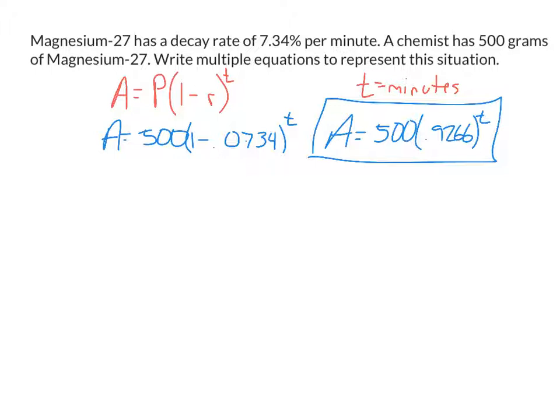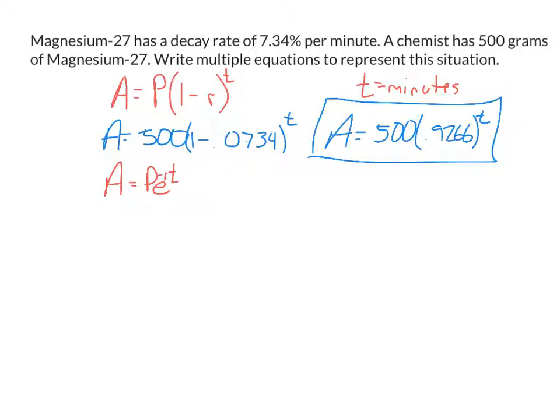We also learned a few weeks ago about our PERT formula. We've usually used PERT for compounding interest, but it also works for continuous decay. The difference is that because we're decaying, our rate is going to have to be negative.